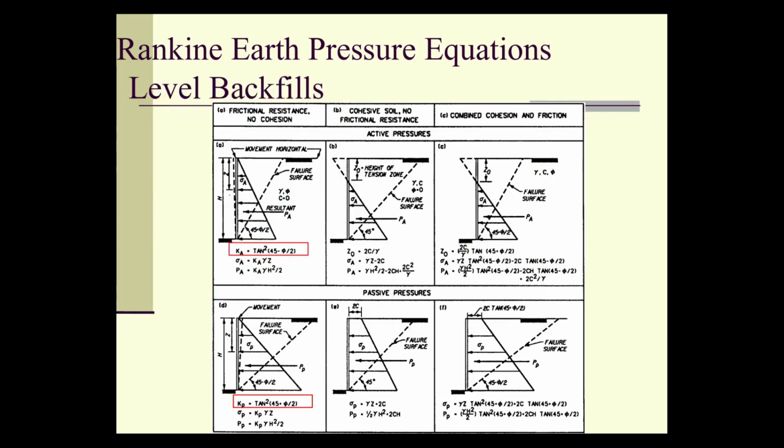With Rankine, if we have frictional resistance and no cohesion, a purely cohesionless soil, and a level backfill, level surface, the Ka is equal to the tangent squared of 45 minus phi over 2. Keep in mind, if you do this in a spreadsheet, spreadsheets like radians for angles, not degrees.